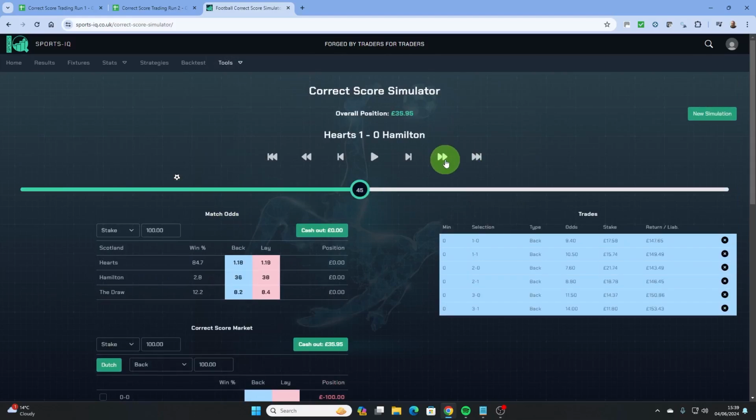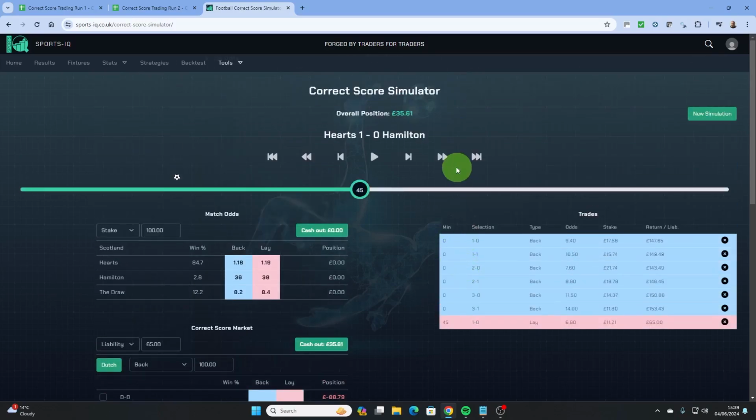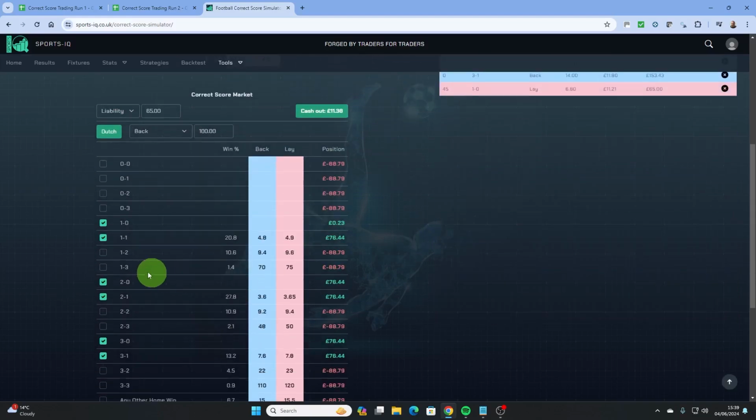So 1-0 at half time is good, so we can still take the 65 liability out of that and lay that. And we get 1-1, which is probably not so good, but we will lay the liability on that, which is 76.